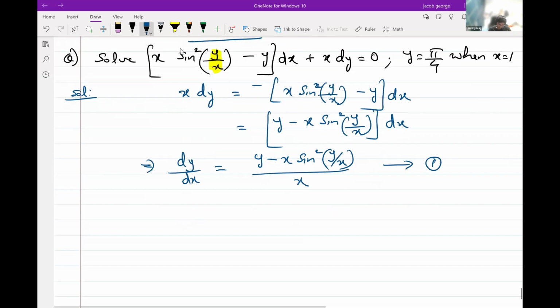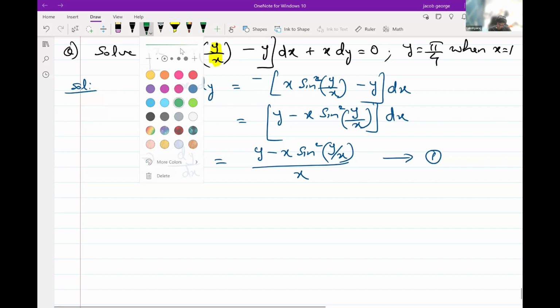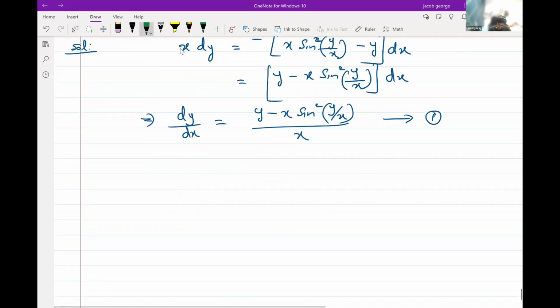So we put y by x is equal to v, which means y is equal to vx. Now differentiate with respect to x.